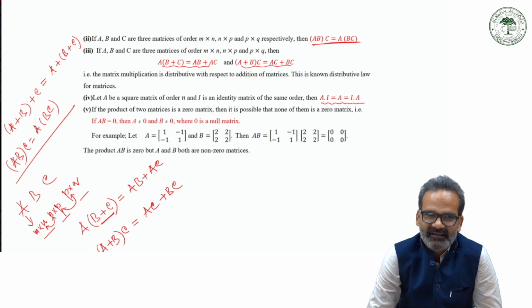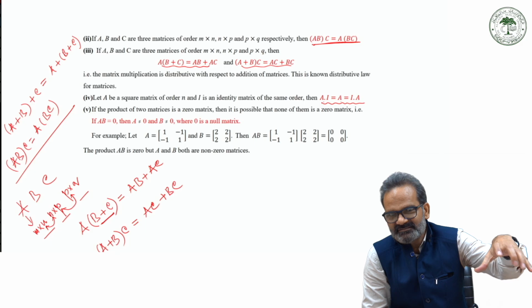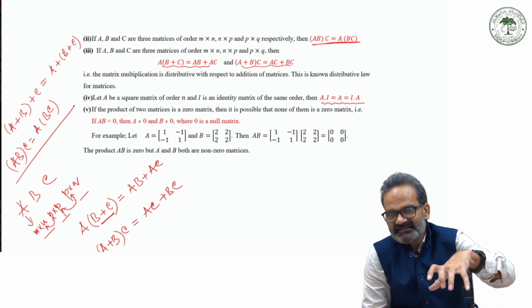For example, in case of numbers, the division is always valid. Means you can divide a number with any other number, no issue. But in case of matrices, division is not valid. It means a matrix cannot be divided by any other matrix. Number one. This is the property which is possessed by the numbers, but it is not possessed by the matrices.